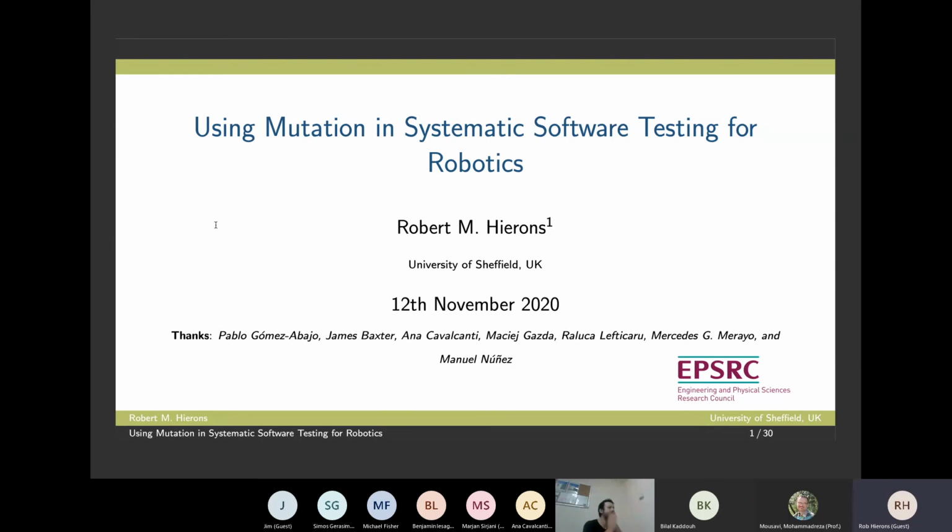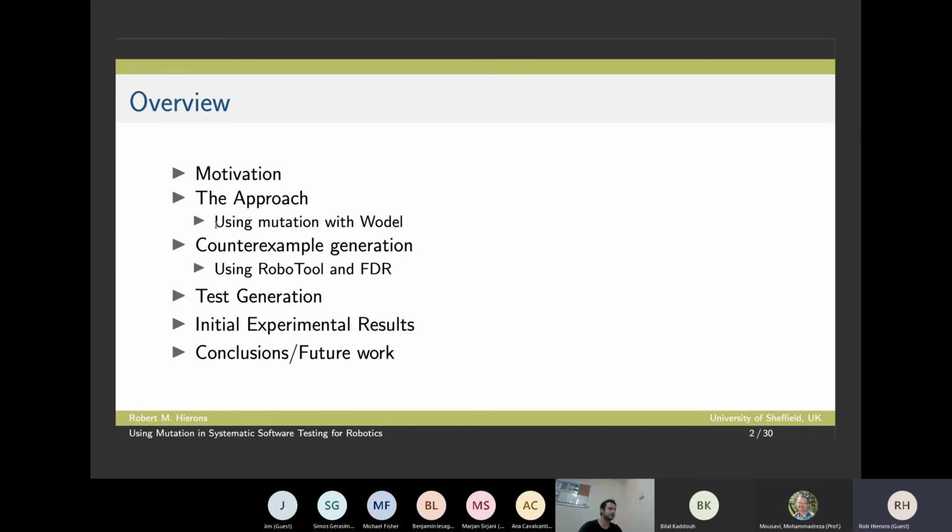So yes, as Mohammed said, I'm going to go through at a fairly high level an approach we've been applying to test generation. This is within the RoboTest project, which also involves the University of York and the University of Surrey. So I'll touch upon the motivation and then the approach with two main elements.